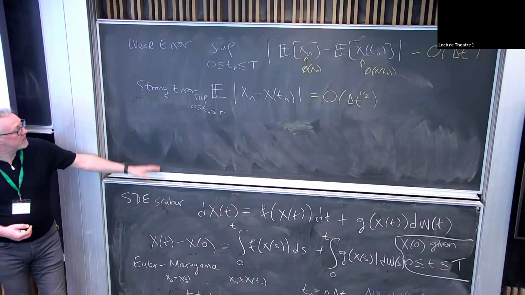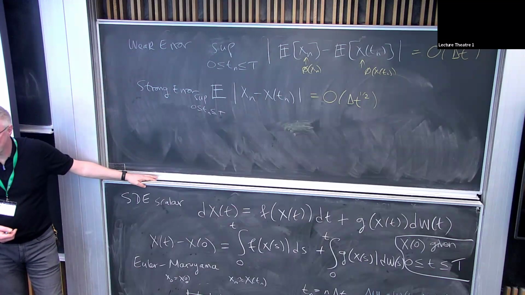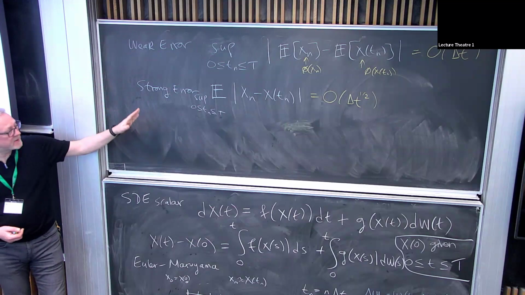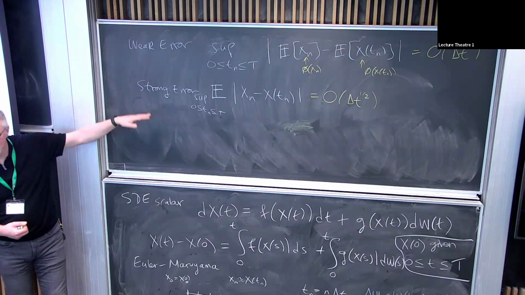So the weak error arguably is the most important property. But there are some circumstances where you want a good strong error. Multi-level Monte Carlo is a way of getting more efficient weak approximations, but the original proofs required the order of strong error to be involved in the analysis. So in a sense, they mix together in that way.